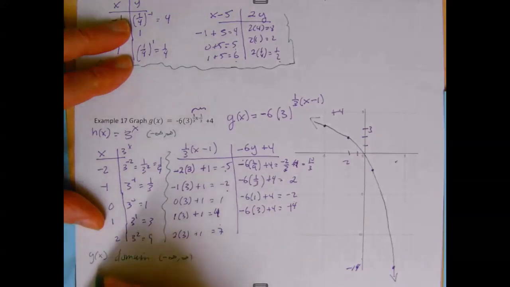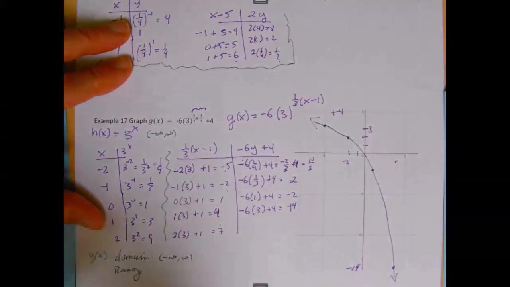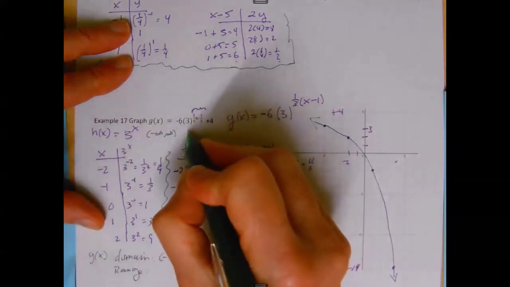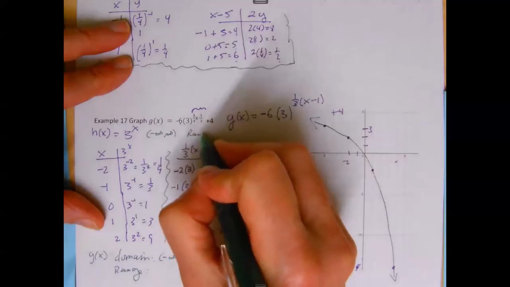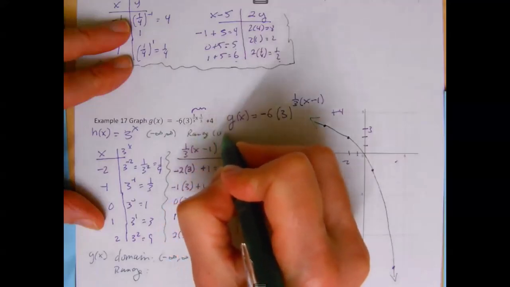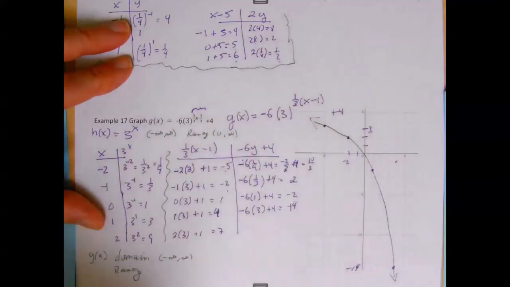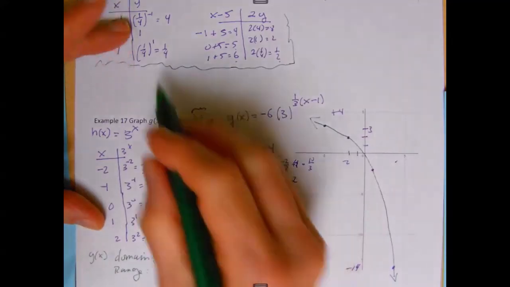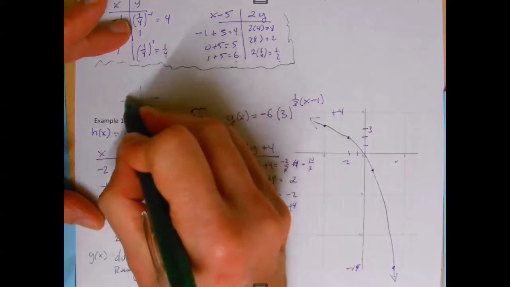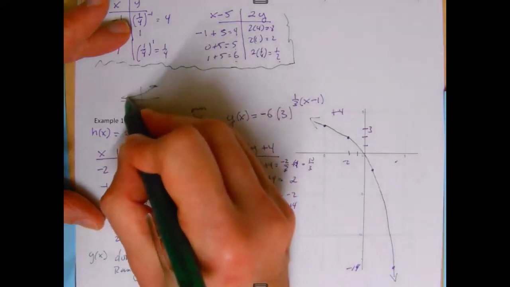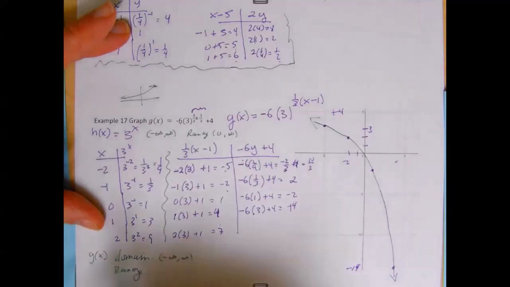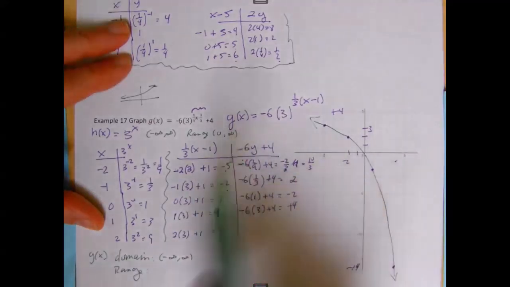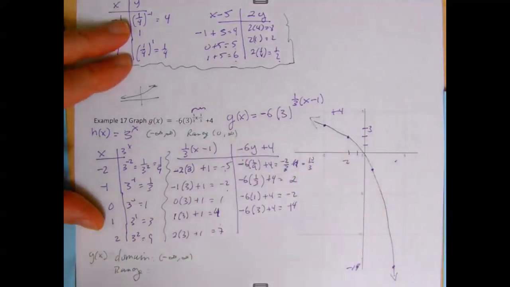Okay, what about the range? G of x range. Well, this has changed because the range is 0 to infinity in the original. And this is an increasing function. Again, the graph of the parent is just this. So again, 0 to infinity makes sense, but the y's have gone through a big transformation.